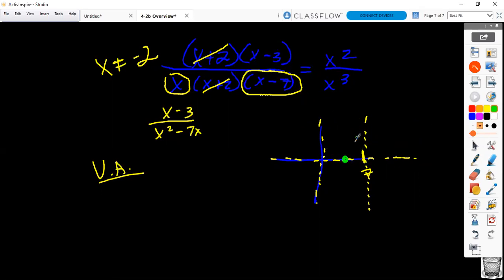What's the rest of the graph doing in here? Well, we've already talked about all the rest of that, so you could find all the other points by picking points and finding it. I'm kind of curious. I didn't have a y-intercept, so I've got x minus 3 over x times x minus 7.